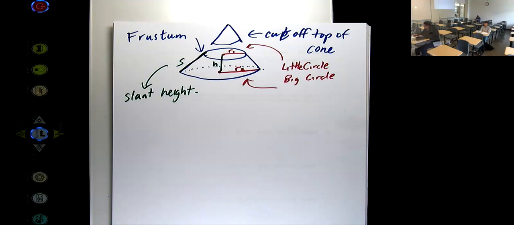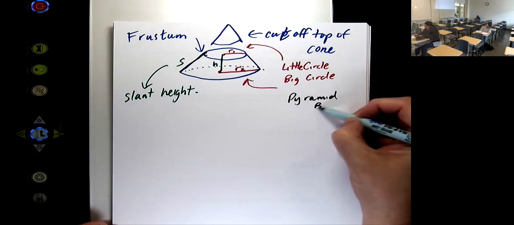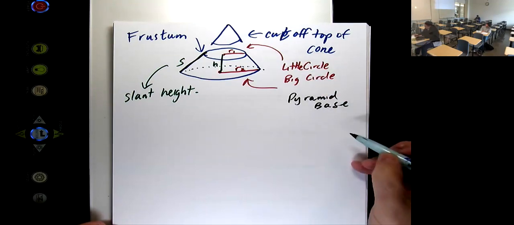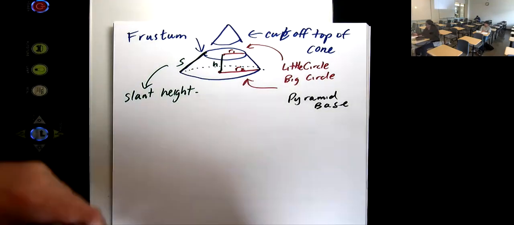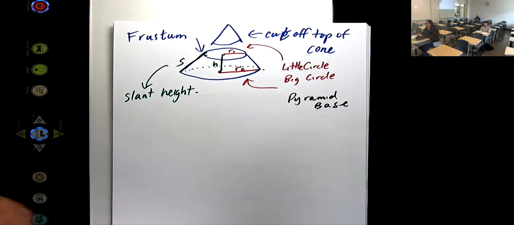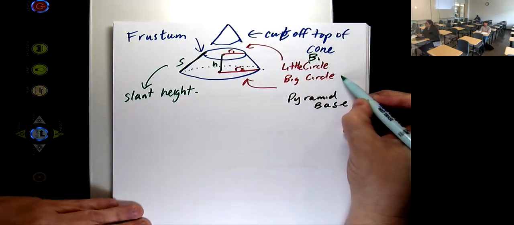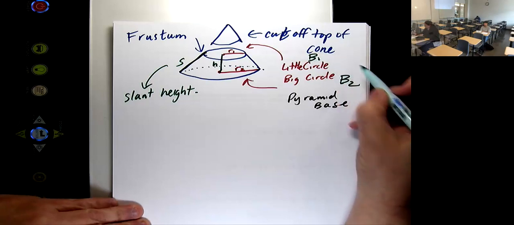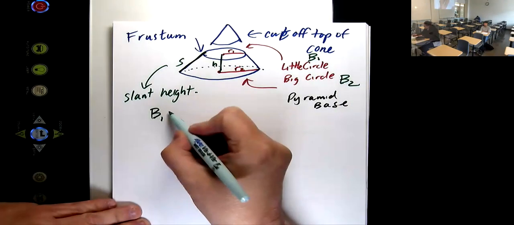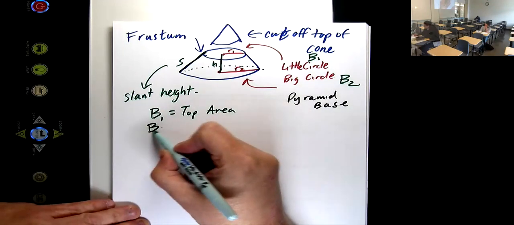This holds true with a pyramid base too, and obviously we wouldn't have a circle anymore. So instead, let's call the top one B1 and the bottom one B2. B1 is the top area and B2 is the bottom area.